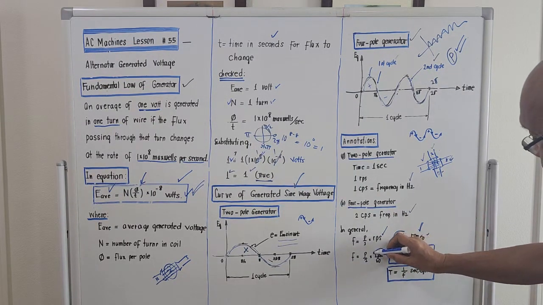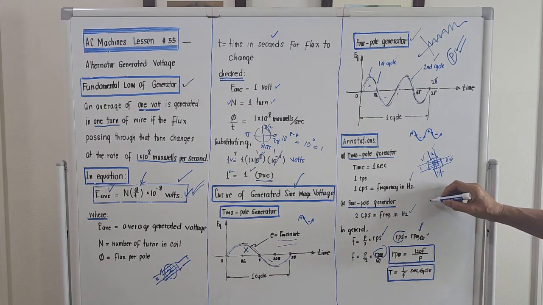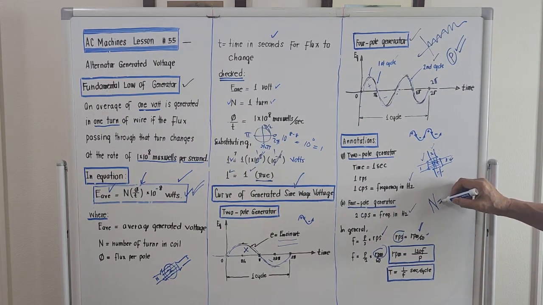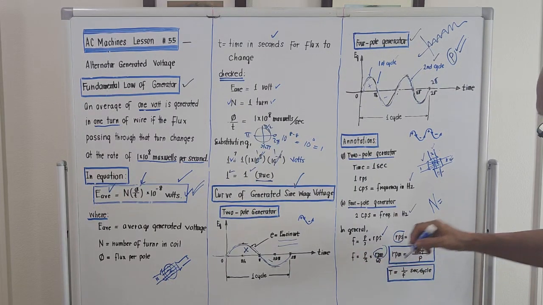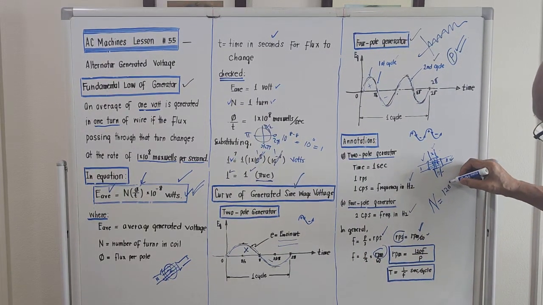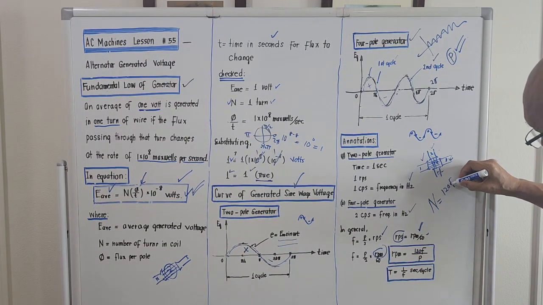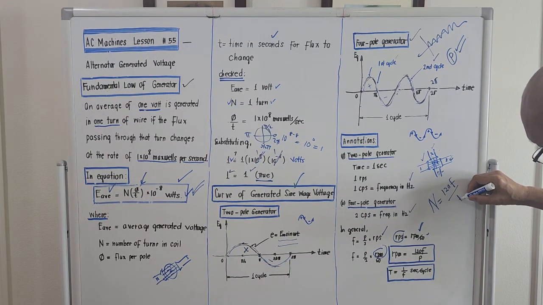And if we try to compute for RPM, which is designated by N, okay, it will now be 2 times 60, which is 120, times the frequency over the number of poles.